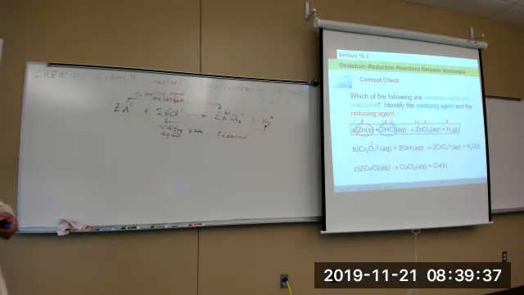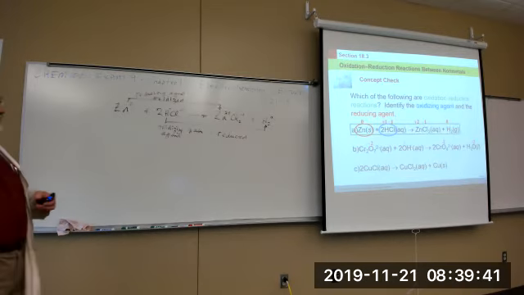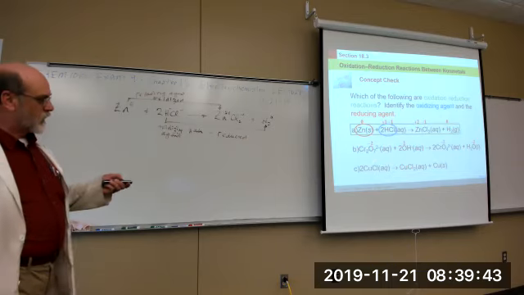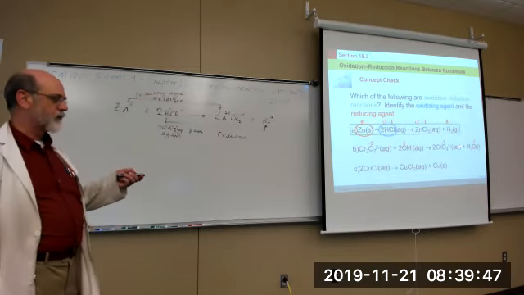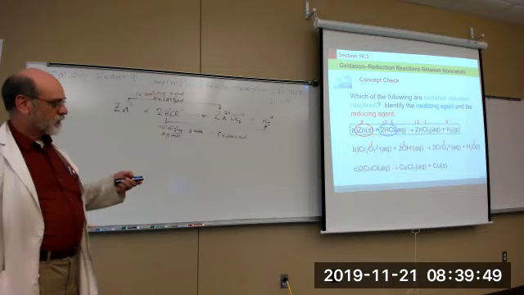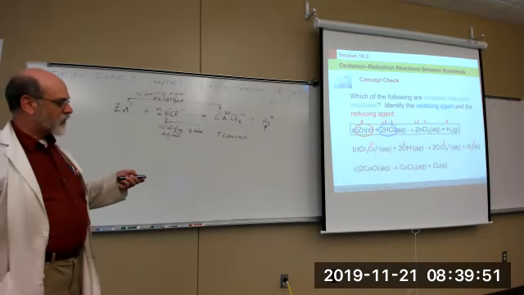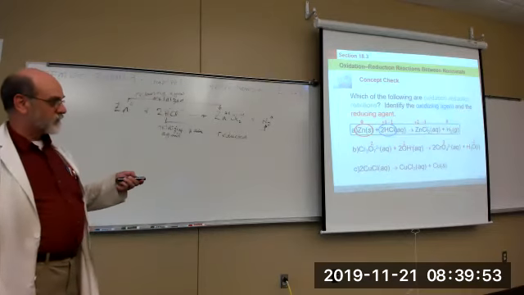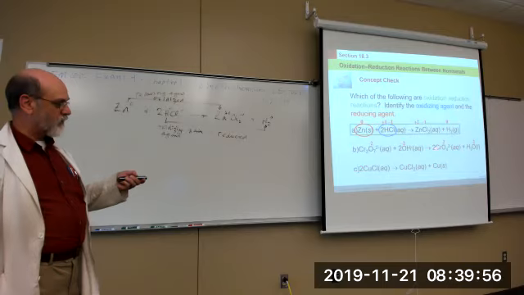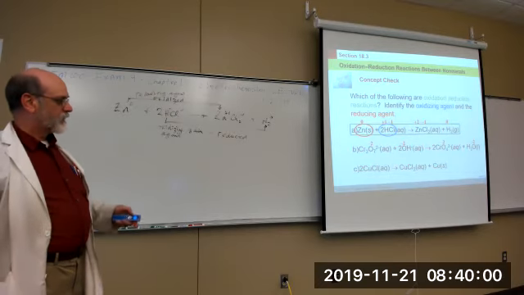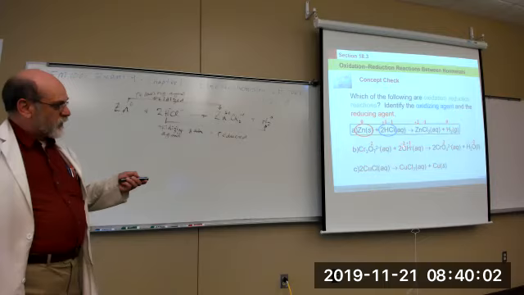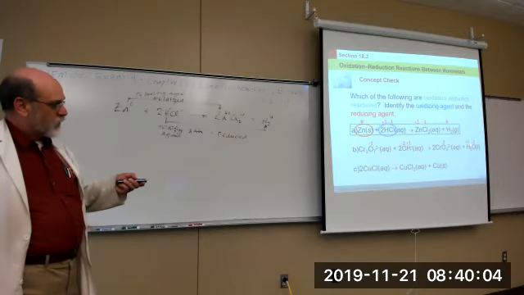Okay. So if we go and determine the oxidation states for every element in this reaction, we find that oxygen's 2 minus, right? It hasn't changed. They're all in compounds, so we can assume they're 2 minus. That means this hydrogen is +1, this one's a +1.